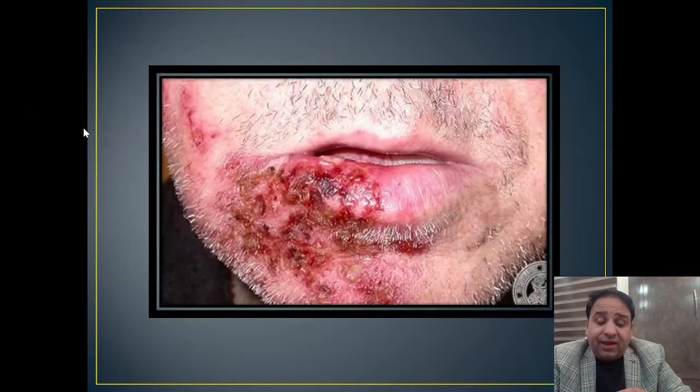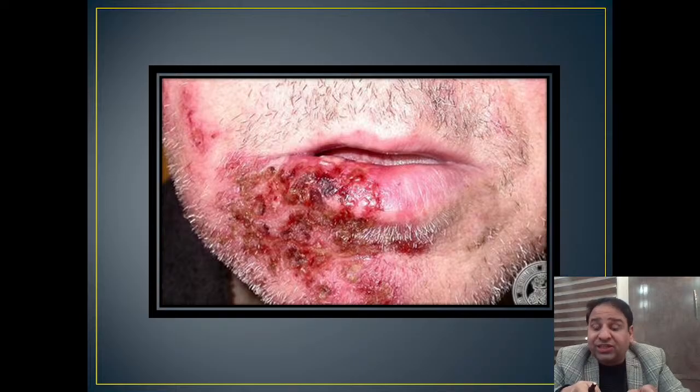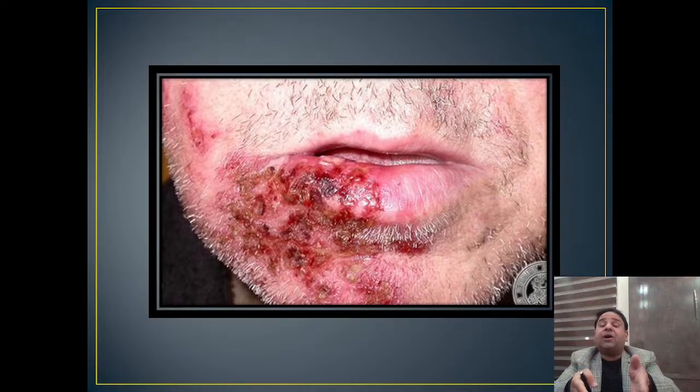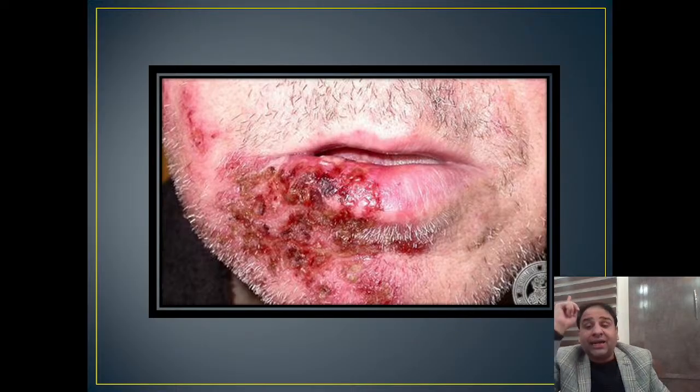So what you see here is herpes zoster infection. Remember, herpes zoster infection is very important, and you may get a picture based question. Associated with herpes zoster infection, always remember Ramsay-Hunt syndrome, where you have facial palsy.